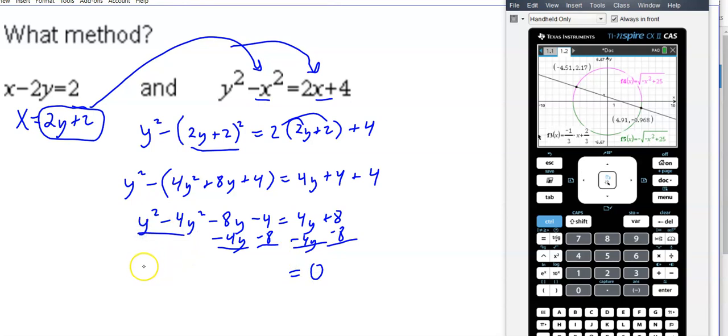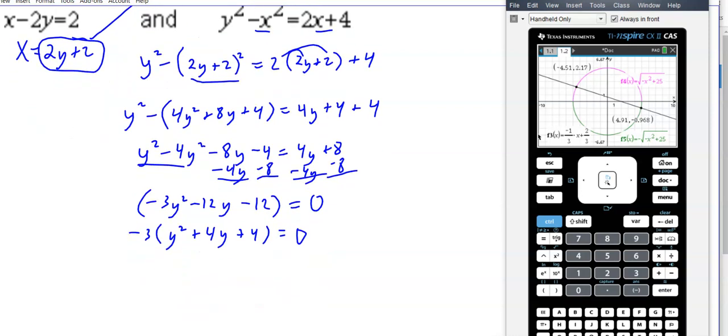These two go together, so that'd be -3y squared minus 12y minus 12. I see a GCF, and I want to take out the negative right away because I don't like that at all: y squared plus 4y plus 4. I took out a negative there.